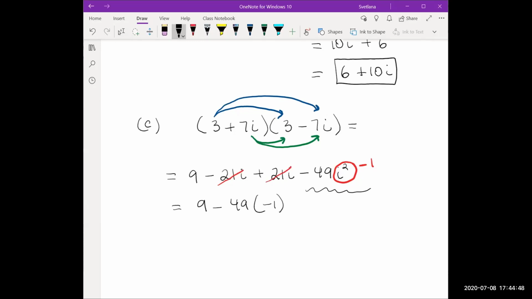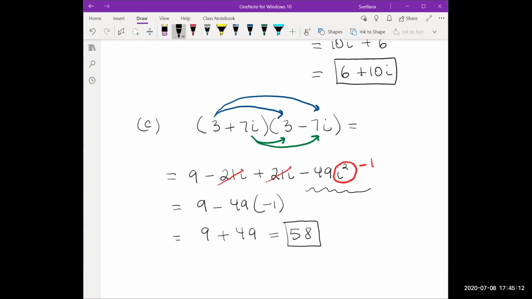So be extra careful. Now I can see it's going to be 9 plus 49. Negative 49 times -1 is positive 49. And 9 plus 49 is 58. So this is what we got.